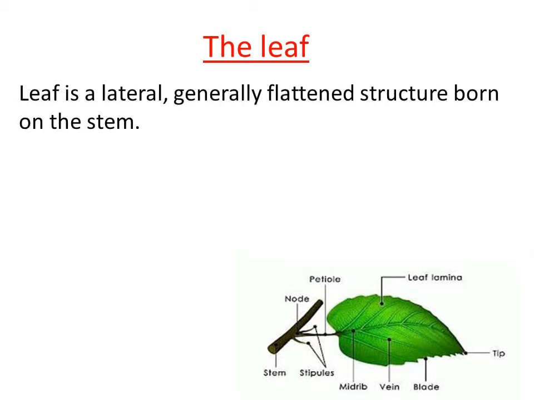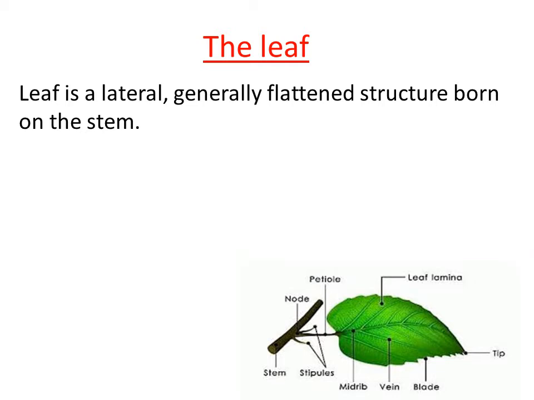Yes, children, so far in this lesson, we have completed the study of the stem as well as the root. So now we are moving to the study of one more morphological part, that is the leaf. So what do we mean by leaf? Leaf is a lateral, generally flattened structure borne on the stem.